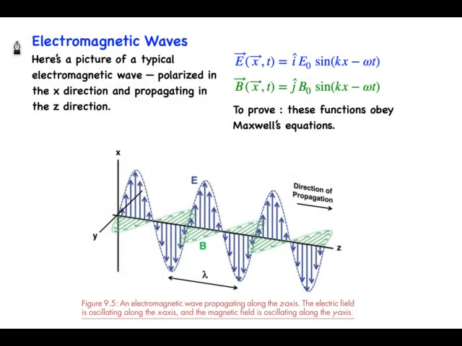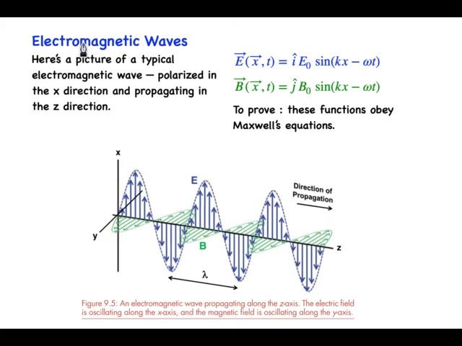So we've seen how the mathematics can be used to describe a wave, for example a water wave, or any kind of wave. The same thing could describe a sound wave. Well, we want to apply that now to electromagnetic waves.